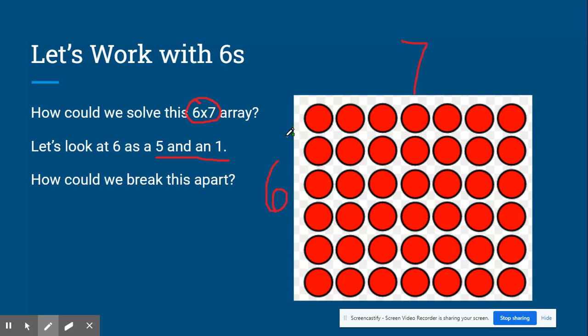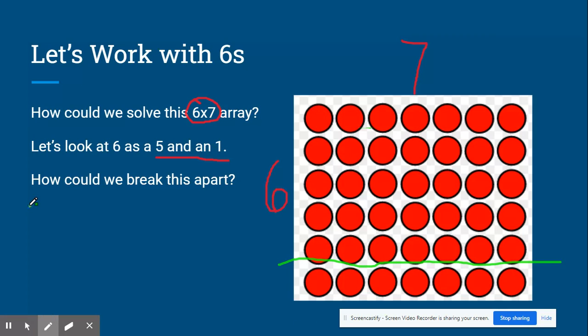Okay, so one way is you could have broken it up right here. Drew a line across that shows 5, 1, 2, 3, 4, 5, and that shows 1. Or if you didn't want to do that, I'm just going to erase that for you. You could have put it down here. And once again, you have 1, 2, 3, 4, 5, and a 1.